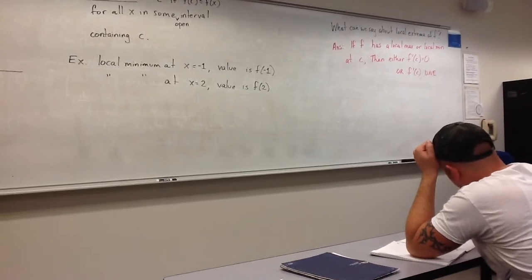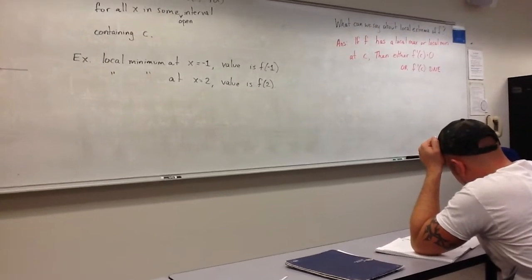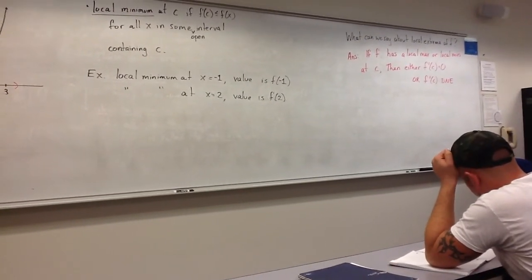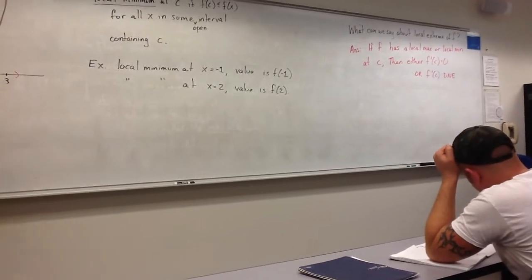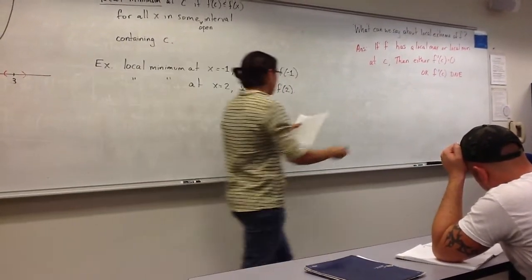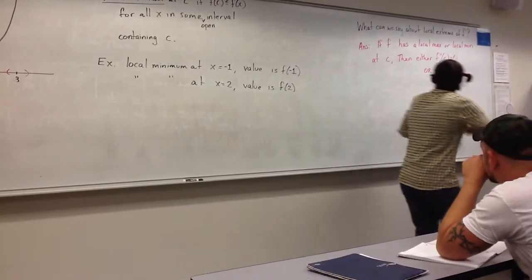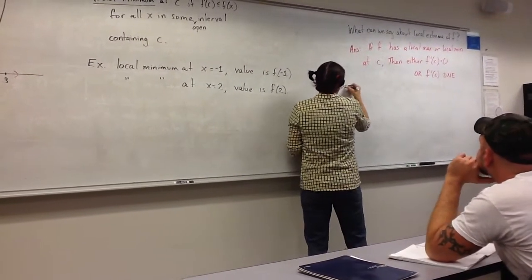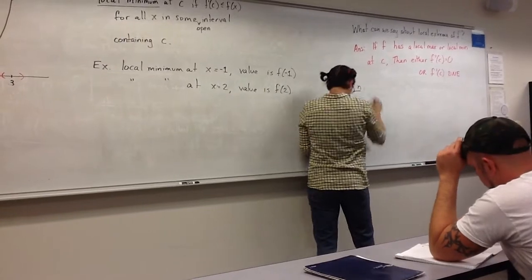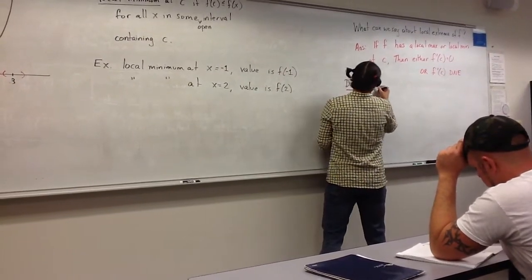And so we want to give a special name to these x values where we have a derivative that's equal to 0 or a derivative that does not exist. We call these x values critical numbers. So here is another definition for today. Definition of critical number.